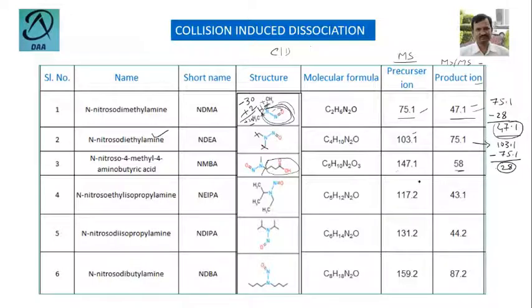So in the same way, we'll get the product ions list. In the mass spectrometry system, we need confirmation for any compound. Precursor ions and product ions both are needed to confirm the compound.